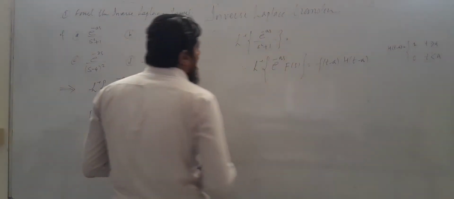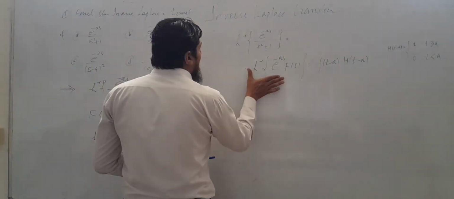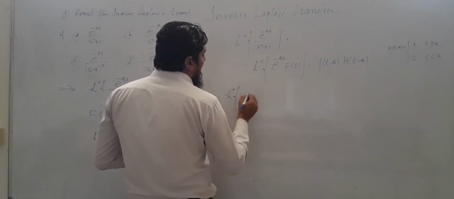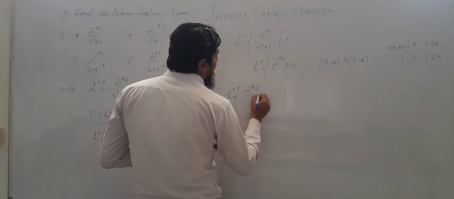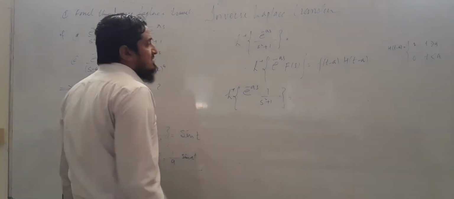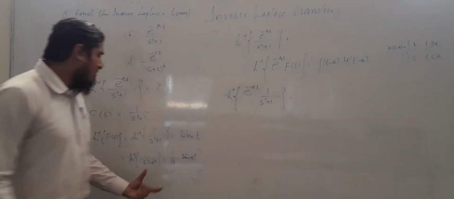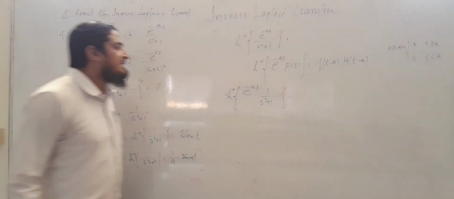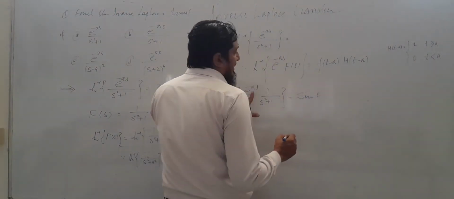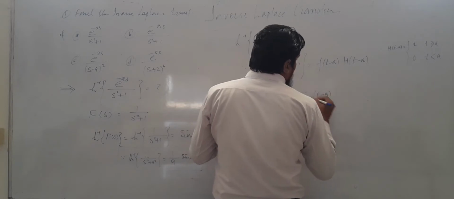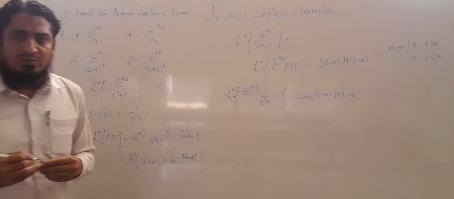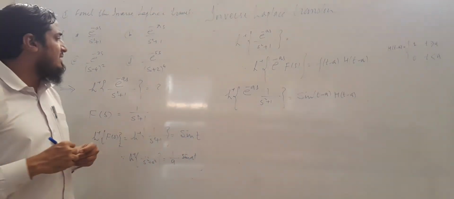So, by using this formula, we can solve this. Inverse Laplace transform of e raised to minus as into 1 upon s square plus 1 will give us F of t minus a, and we have calculated F of t as sin t. So we can write it as sin (t minus a) H of t minus a, and it is the required solution for our example.